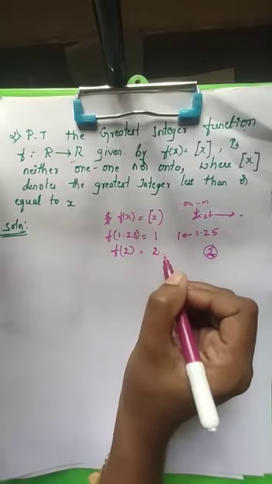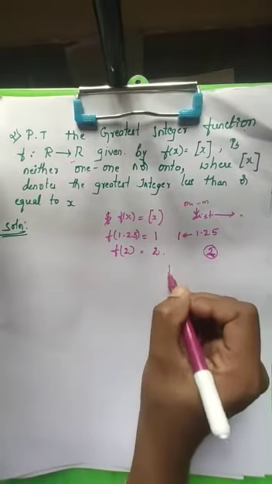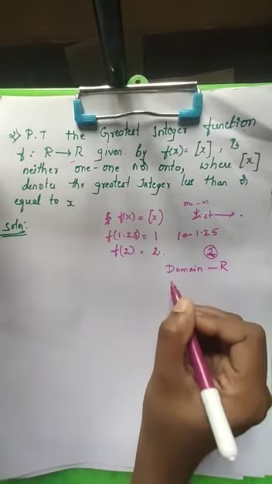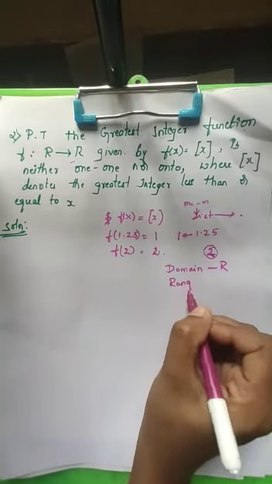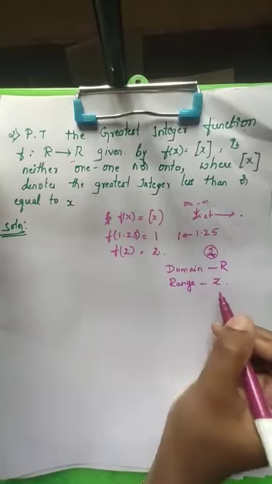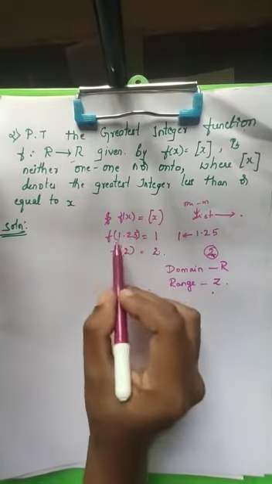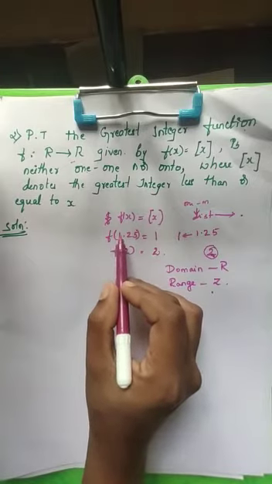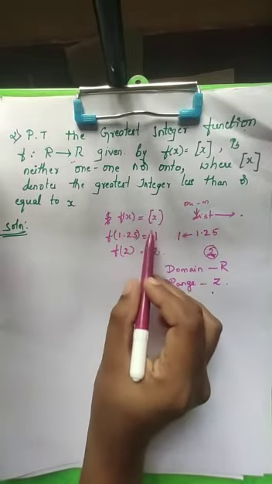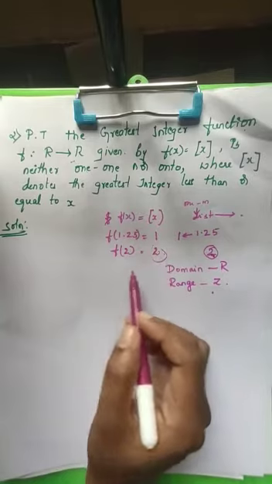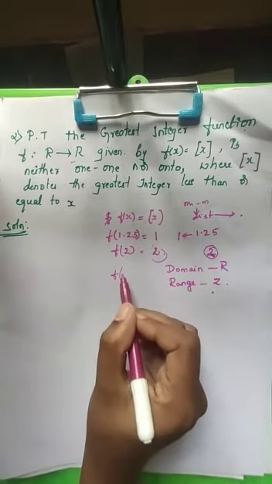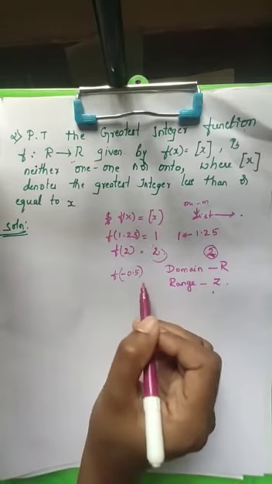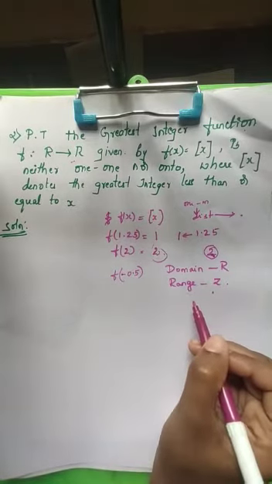I hope you remember what the domain was. Domain is R, and what did we get as range? Range we got as Z, the integers, because whatever real number you take for f of x, you will always get an integer. Suppose you have a negative number, f of minus 0.5.